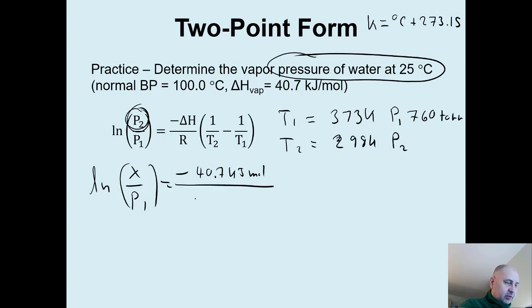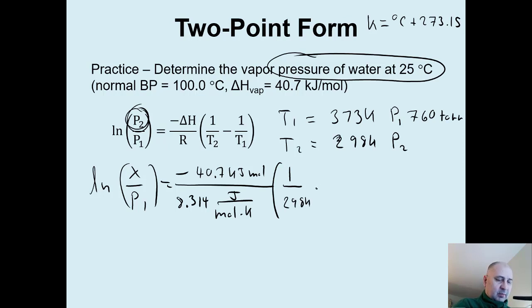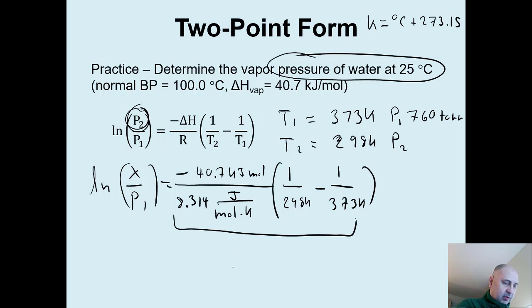R, which will be provided to you, is 8.314 joules per mole times Kelvin, and then 1 over 298 K minus 1 over 373 K. You plug all this into a calculator and you end up with negative 3.30, which of course is still equal to the natural log of X over, and we do know this is 760 torr, regular pressure.